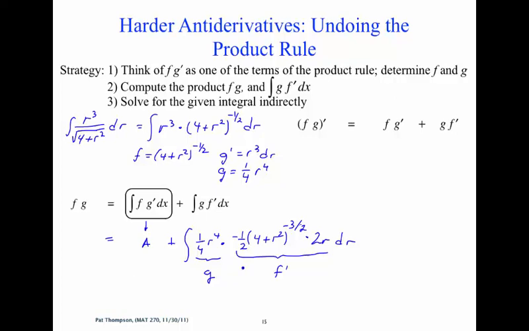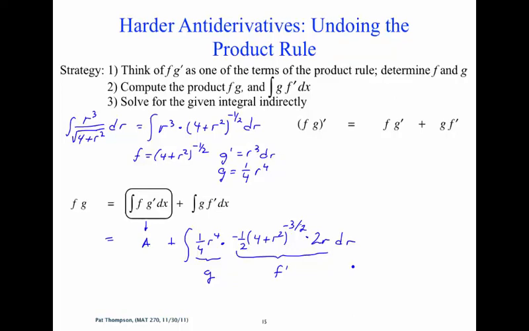Okay? So now we look at this ugly mess. What do we got? We got a 4 plus r squared in that term, kind of in the denominator, or in this composite, and then we have r to the 5th. We have r to the 5th times something with an r squared in it. Is this an easier integral? Are we on the right track here?